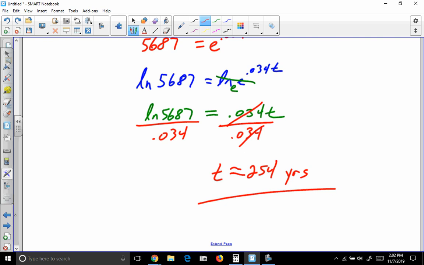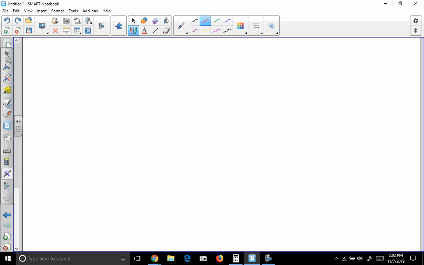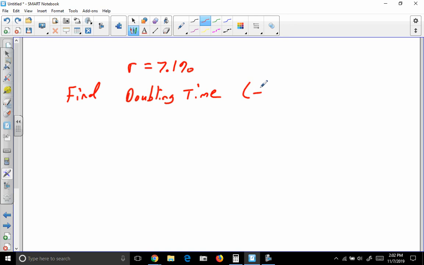So let's look at another one. Let's suppose that a certain population had a growth rate of 7.1%, and we wanted to find the doubling time for that particular population. So we're looking for t.